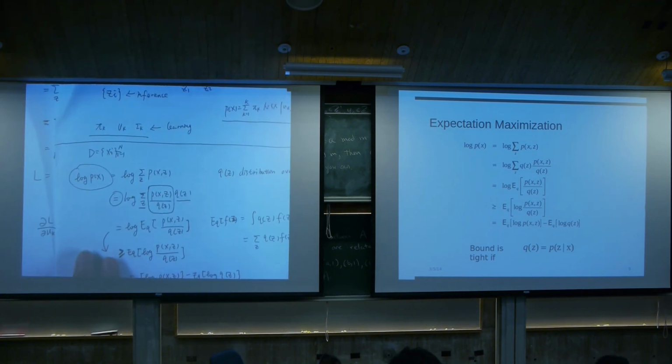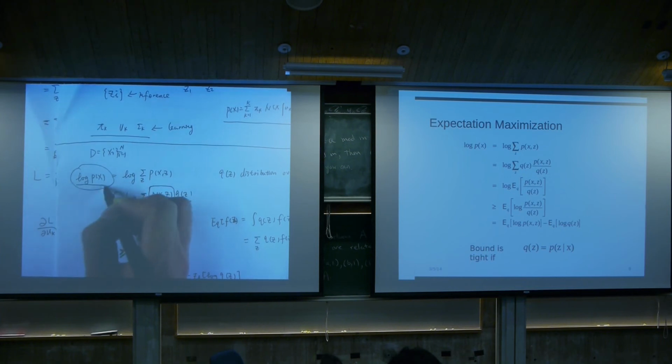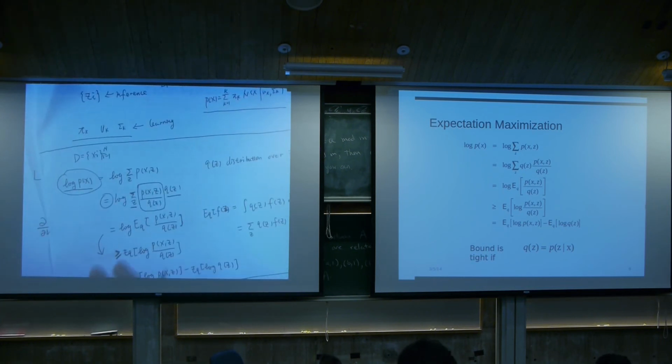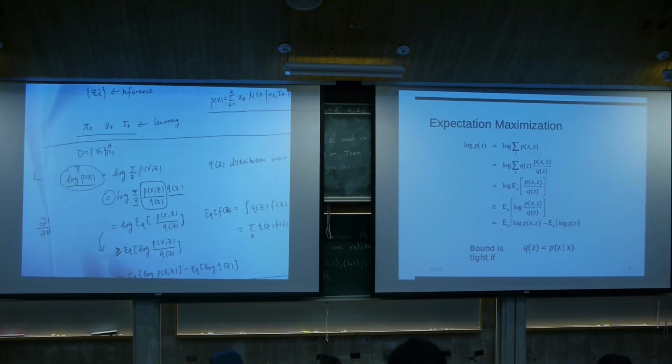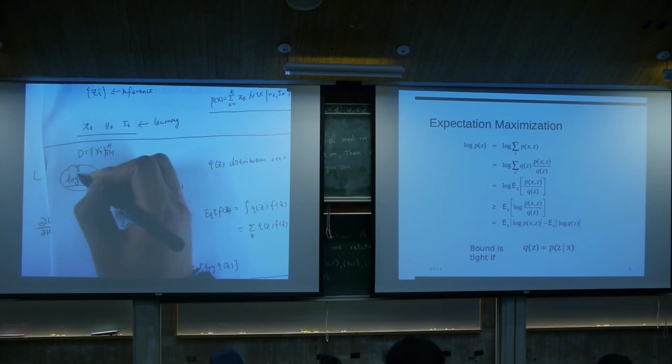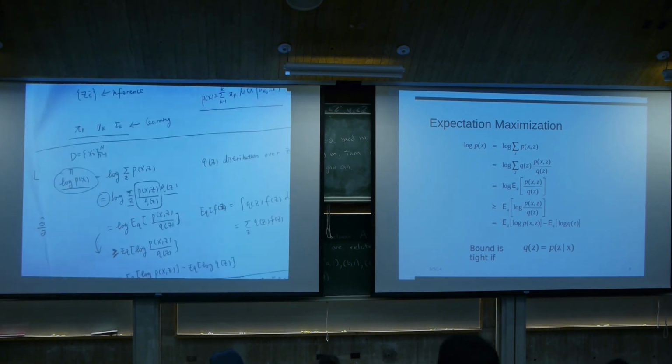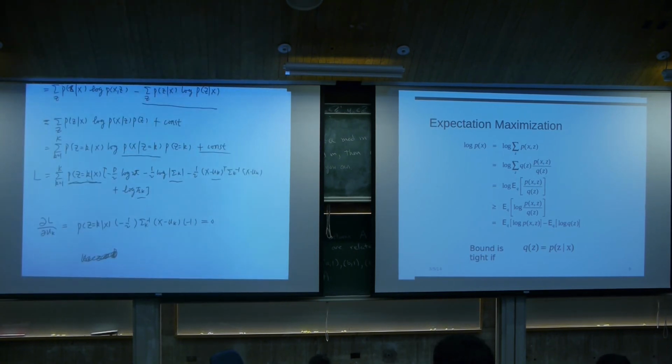As I mentioned earlier, for simplicity, I just use one single point to do the learning. Actually, in practice, we will have N points. So you can plug in this product all the way down to here.